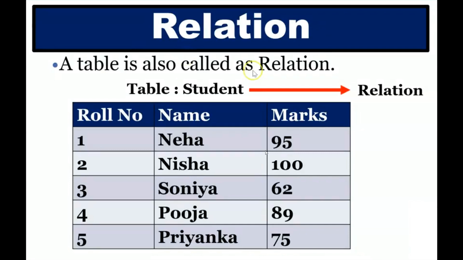So the table we just saw was named student. So if a question comes in the exam, create a relation with so and so records and so many columns, then don't get confused. Relation means nothing but a table; you have to create a table with the create table command. So what is the new terminology used? The new terminology that you are learning is relation, which has the same meaning, and the meaning is table.